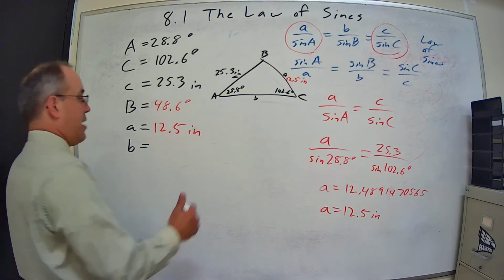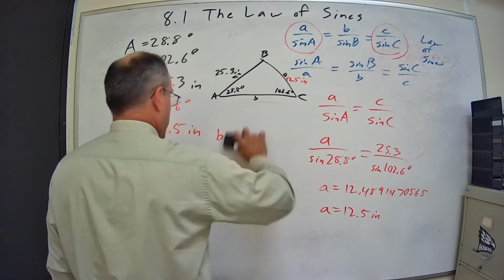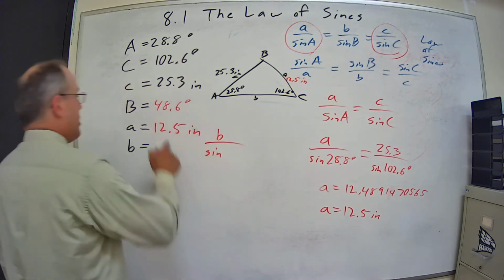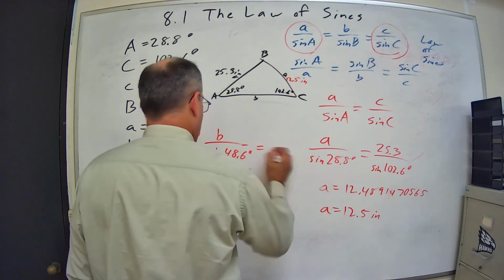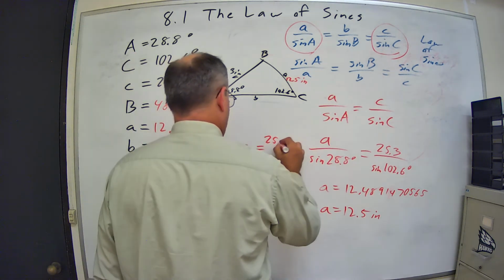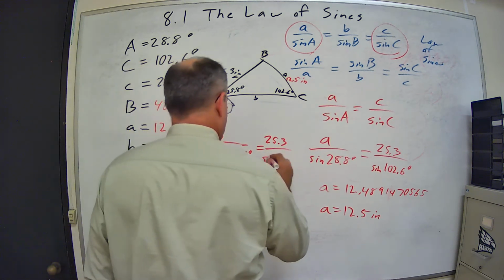But I'm going to do the same thing. I'm trying to find B. B over the sine of angle B, which is 48.6, is equal to C, 25.3, over the sine of angle C, 102.6.